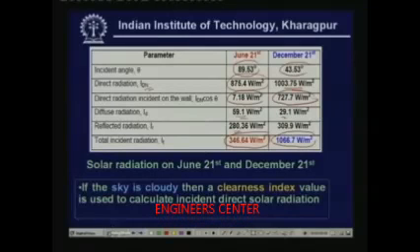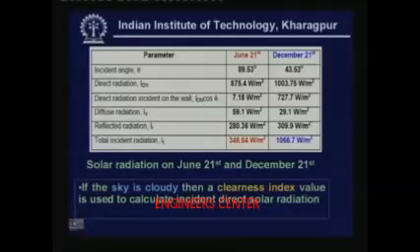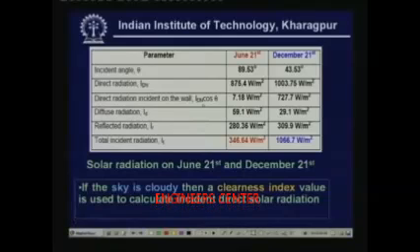This example actually gives us some useful information. That information is that this is a south facing wall. You observe here that for the south facing wall, the total radiation incident on the wall is 346.64 watt per meter square in summer, whereas it is almost 1100 watt per meter square in winter.